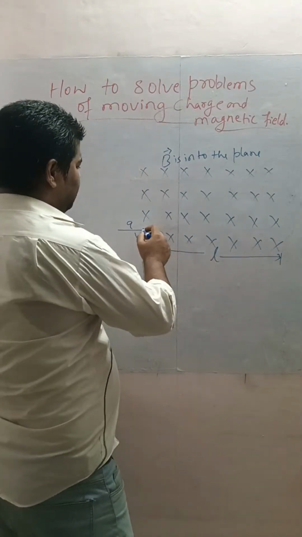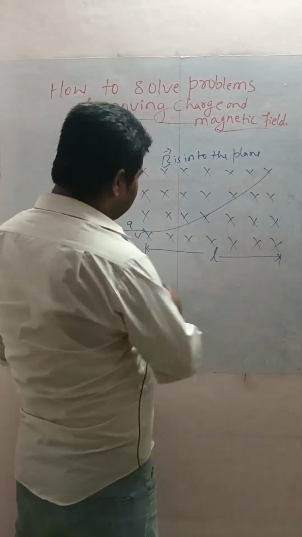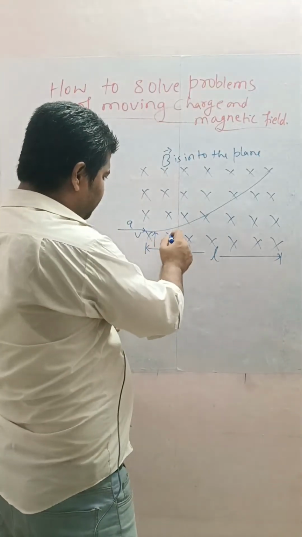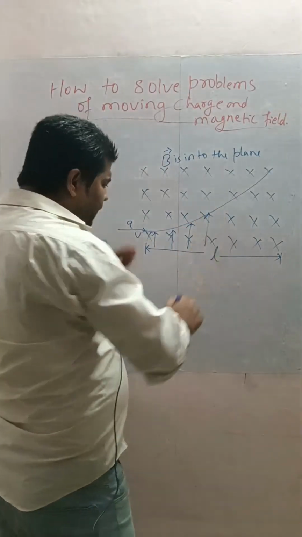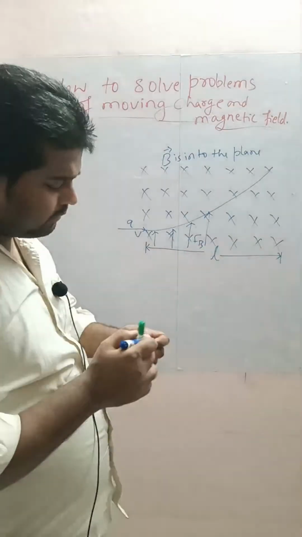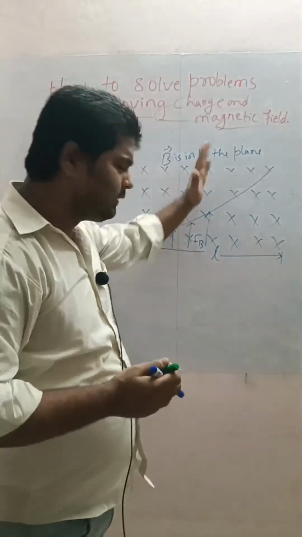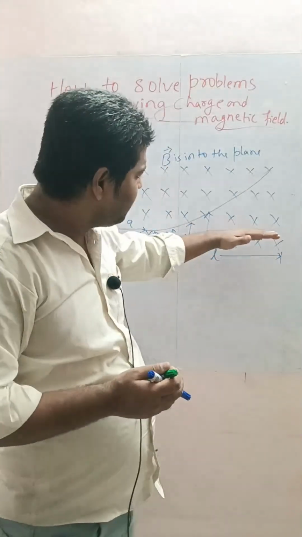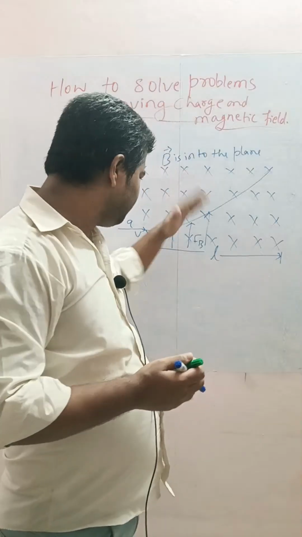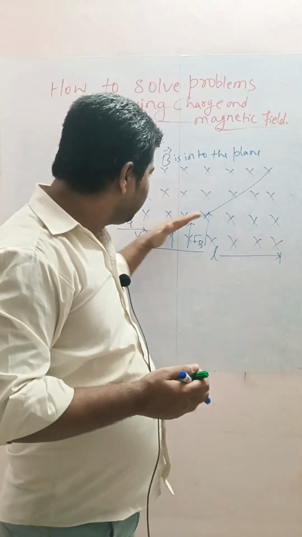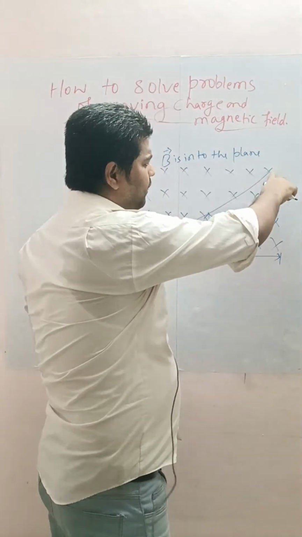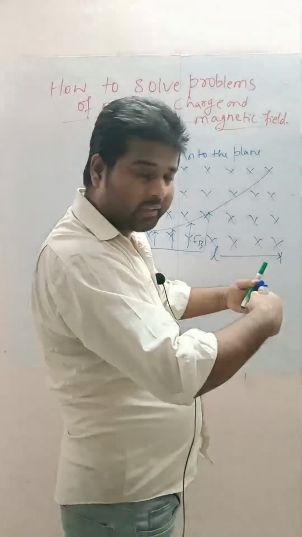And this charge feels a force as it enters. It feels a magnetic force in this direction, and that magnetic force turns its direction. The charge was moving in this way. Due to the magnetic force in the vertical direction, normal to it, it will get a deflection. And when it reaches here, outside this region, there is no magnetic field.